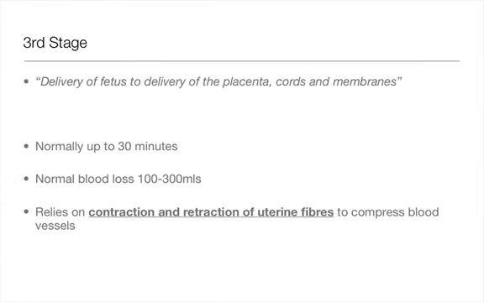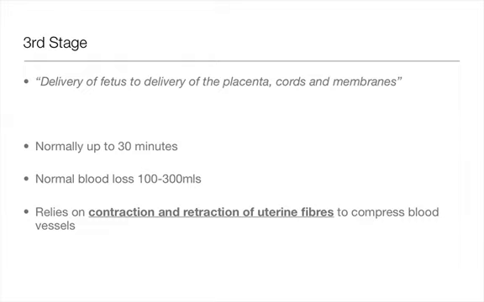The third stage. This is the delivery of the fetus to delivery of the placenta, cord and membranes. This usually occurs in under half an hour, but can take longer. After an hour, the placenta is determined as retained, and that is an obstetric emergency associated with hemorrhage, and it's important to transfer a woman to a place of safety or to a theatre to consider removal of the placenta.